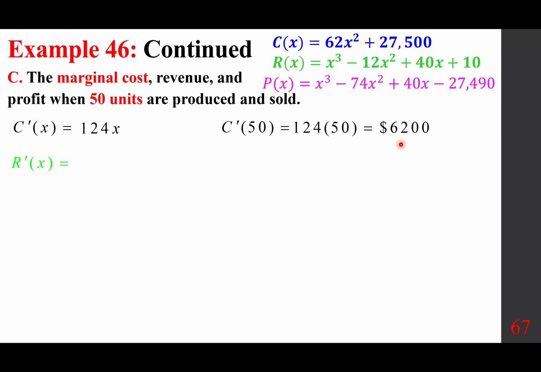Then R prime of X, 3X squared minus 24X plus 40. For 50 units, we want R prime of 50, meaning 3 times 50 squared minus 24 times 50 plus 40. And we do the math, $6,340.